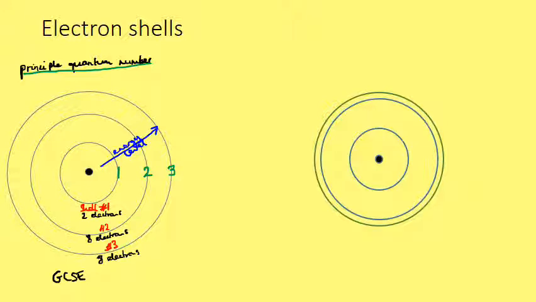So I've done the first subshell in blue, and I've done the second subshell in green. So that's because what I want to do is I want to label this. This is the first principal quantum number, and this is called an s orbital. And the other blue one is the second principal quantum number, and it's also an s orbital, and as it happens, s orbitals are spherical.